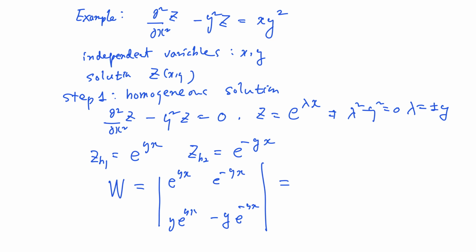So you multiply this first and then you subtract. So you get minus y exponential yx exponential minus yx minus y exponential minus yx exponential yx, which is minus 2y.